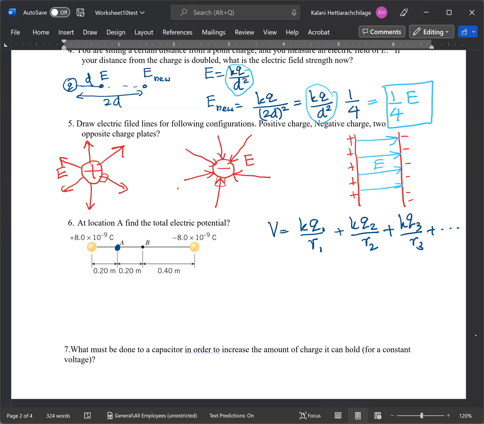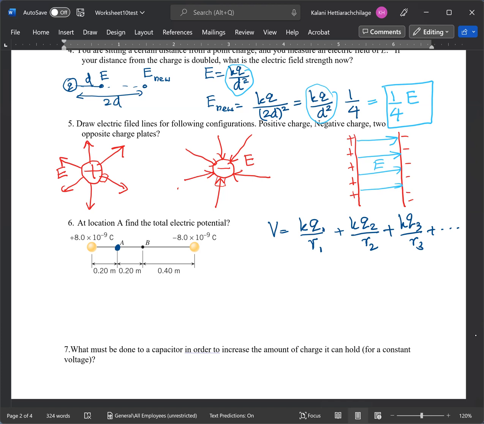Okay. So now, since this is a scalar quantity, you definitely need to use the charge sign inside this formula. E and F you calculated earlier, we did not put the charge sign in, because direction we take separately. But electric potential is a scalar quantity.